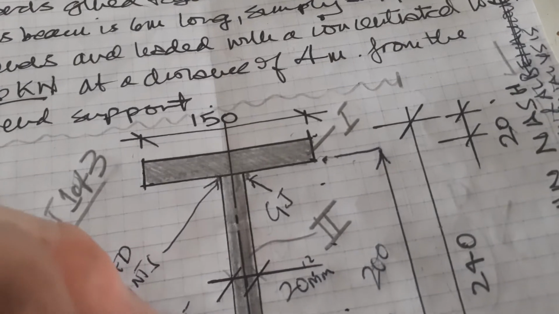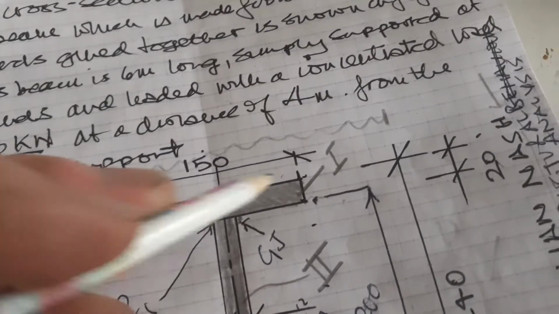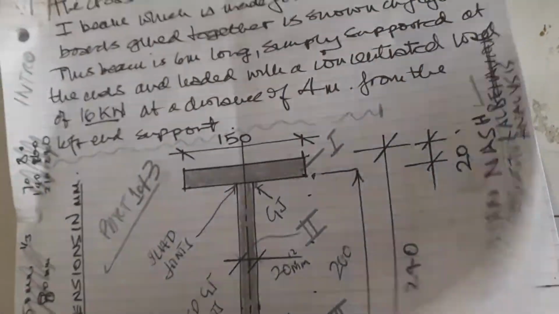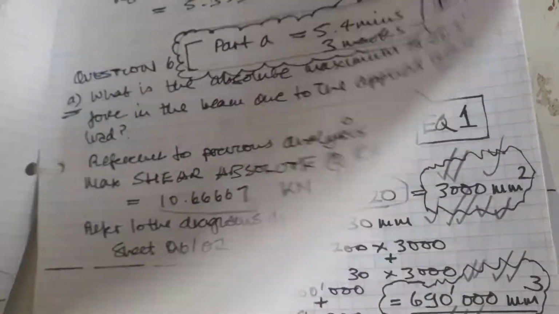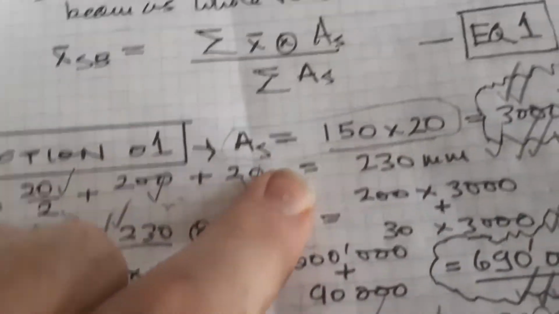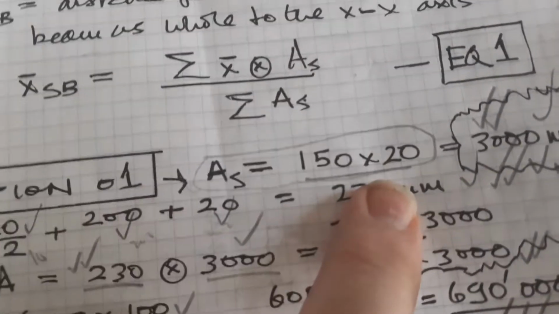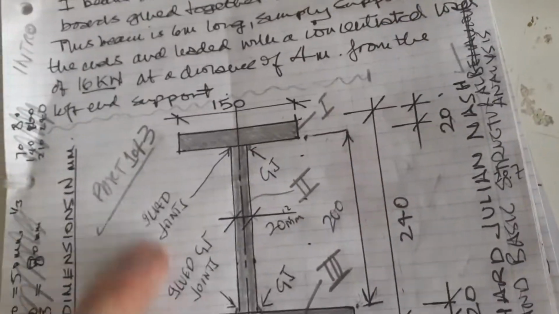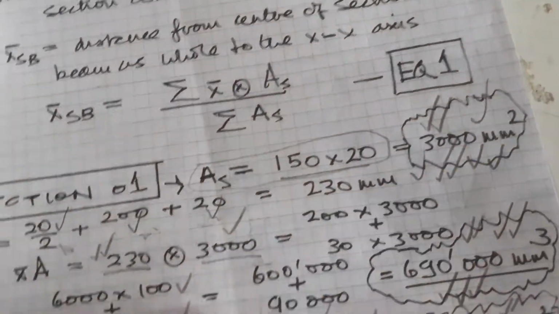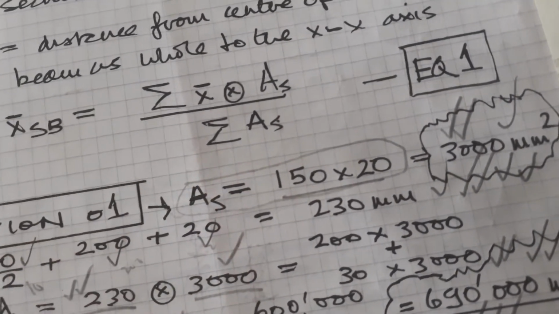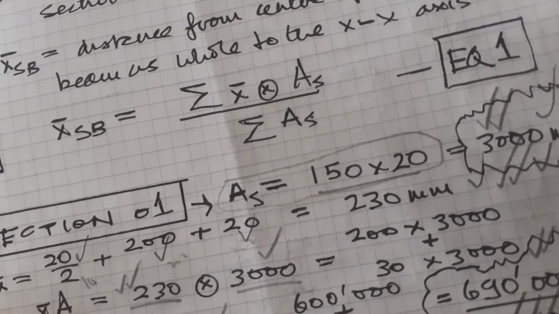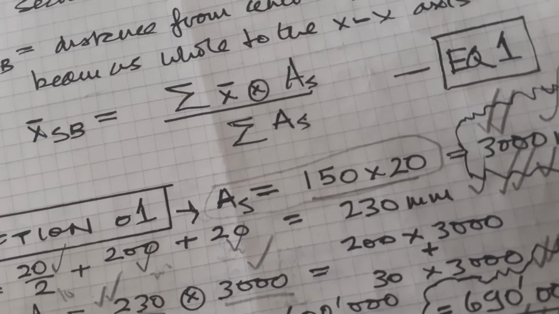But obviously B is only 20 on this one, 150, and then B is 250. So on section 1, the area of the section is 150 times 20. That's 150 wide times 20. That's 3,000. So that's the first part of the X bar.